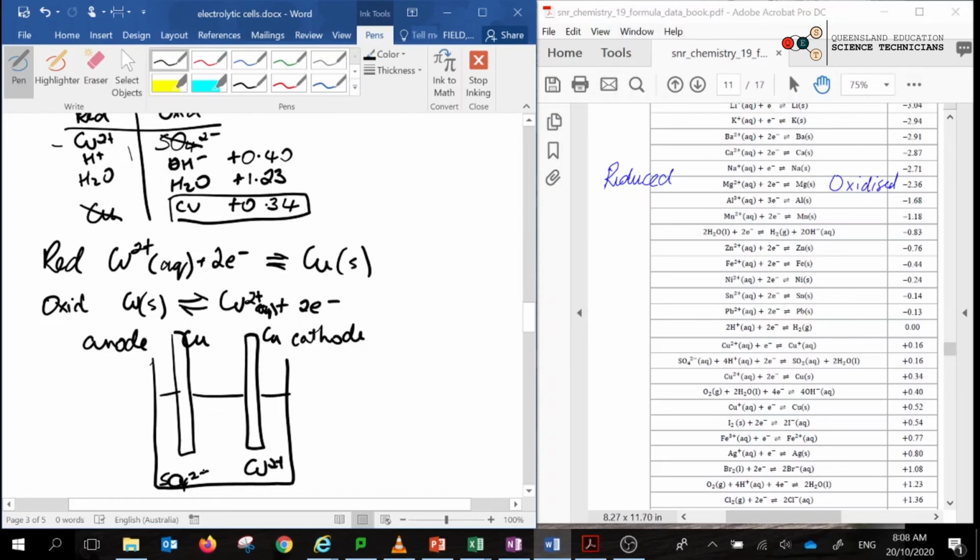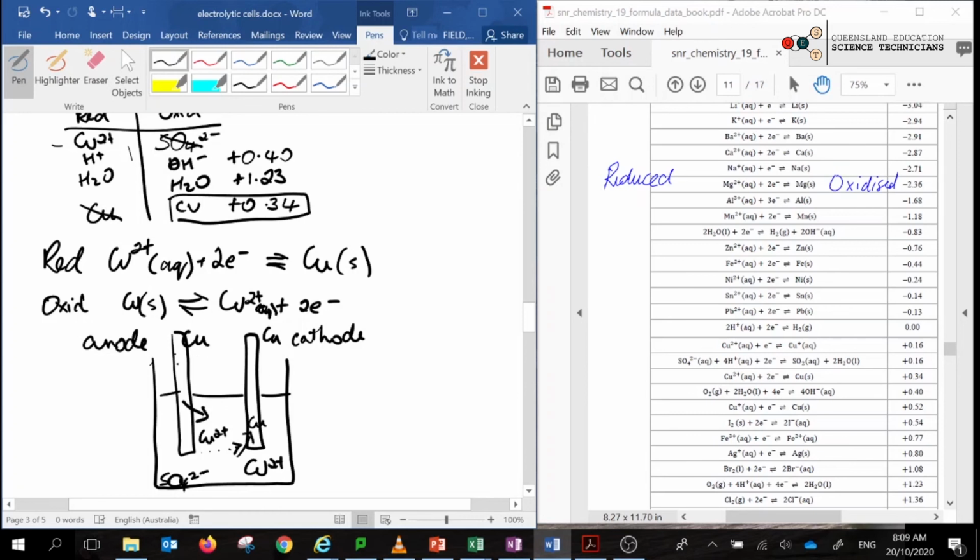So what's actually happening is at the anode, where there's oxidation occurring, this copper is becoming copper 2 plus. And that's going into the solution. They then migrate across to the cathode, and they become the copper metal.